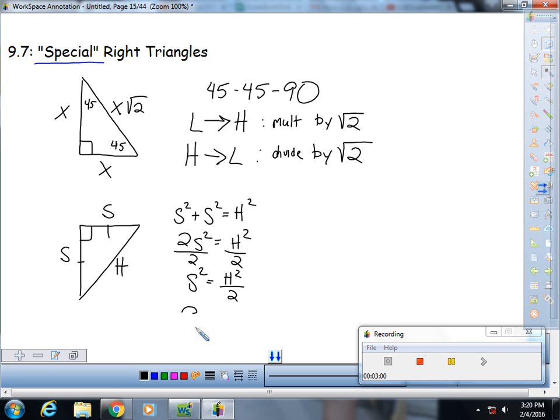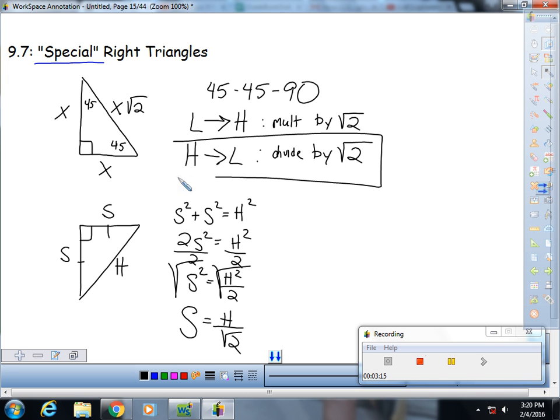And so the side is the hypotenuse. If we take the square root of both sides, the side is the hypotenuse divided by radical 2. That's what this says right here. If we have our hypotenuse and we want to find our leg, you divide it by radical 2. Well, that means if we just took this up here, s equals h over radical 2.